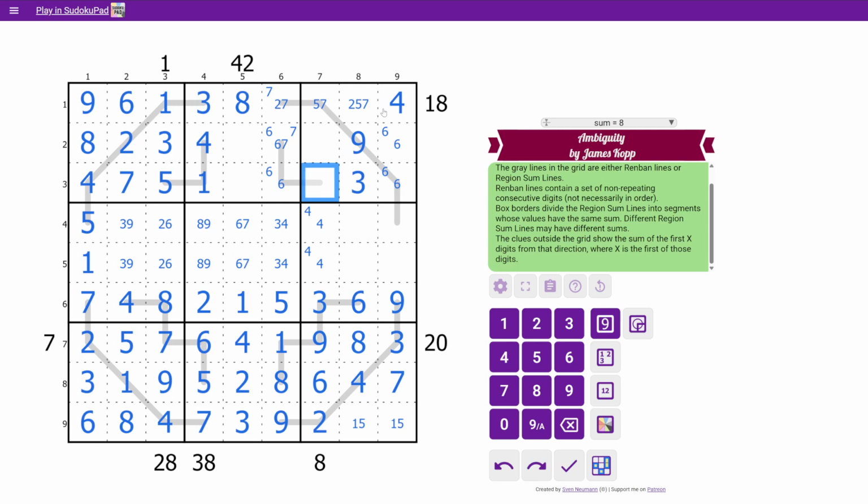I don't know, this might have to be an 8. Can this be 5, 6, 7 though? 5, 6, 5, 6, maybe not. So if this was a rim band, it would be, maybe I just hold off on that.